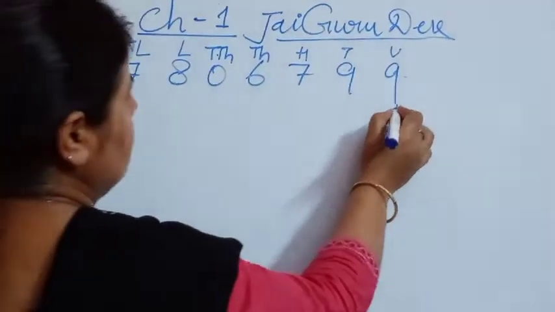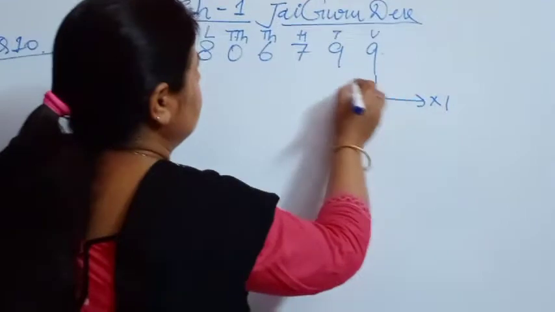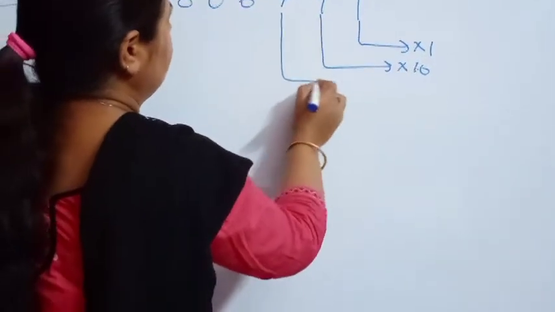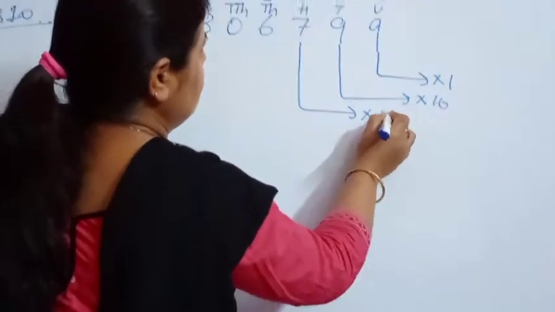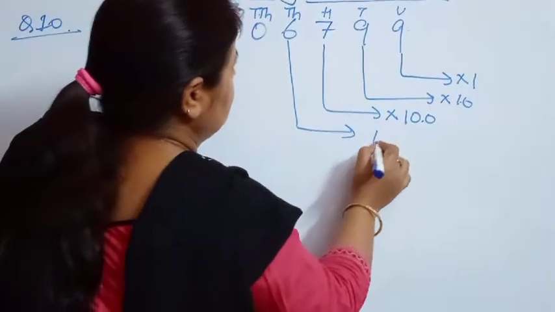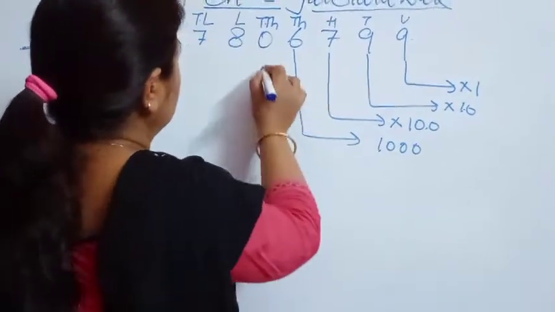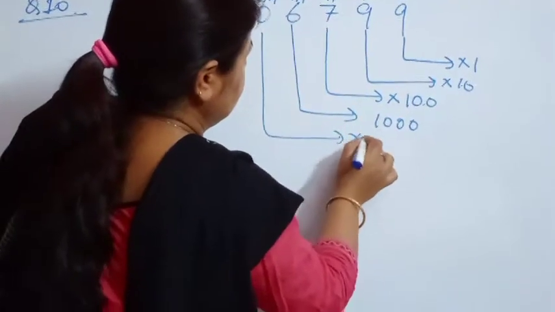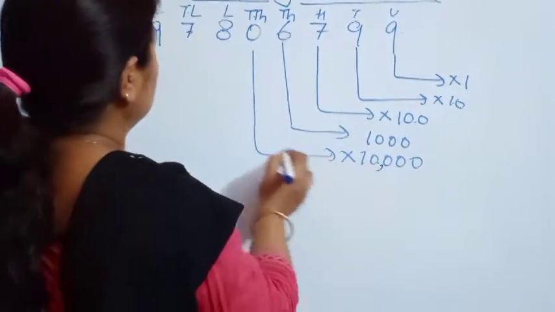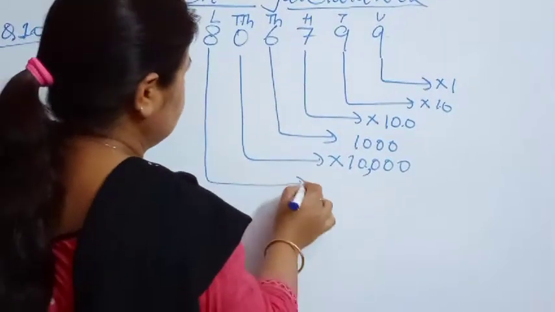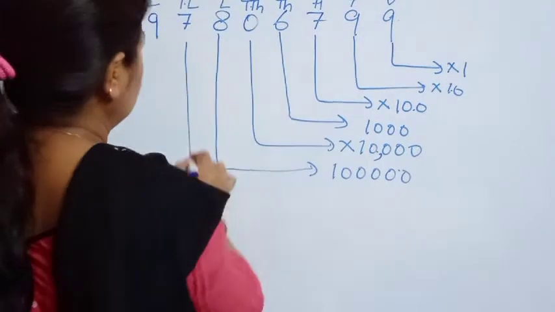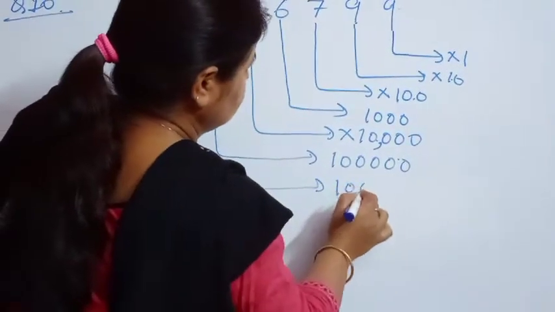See that it will be multiplied by 1, multiplied by 10, multiplied by 100, multiplied by 1000, multiplied by 10,000, multiplied by lakh, multiplied by 10 lakh.